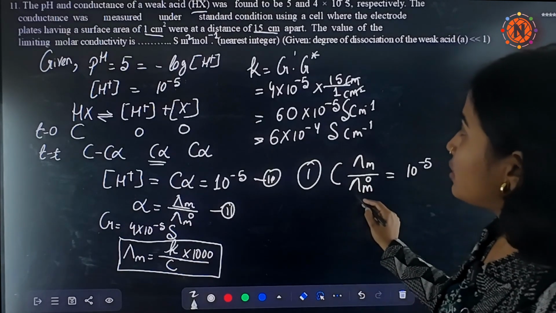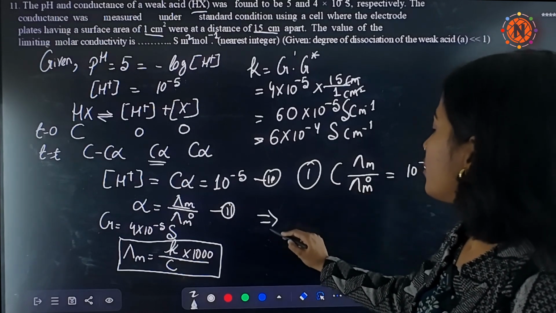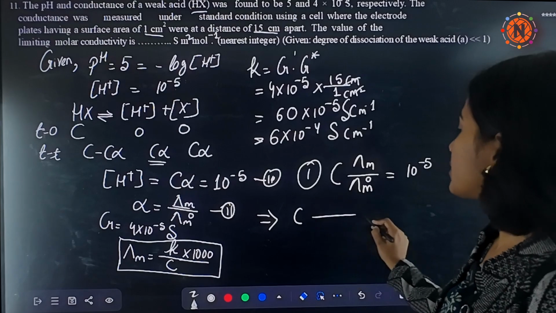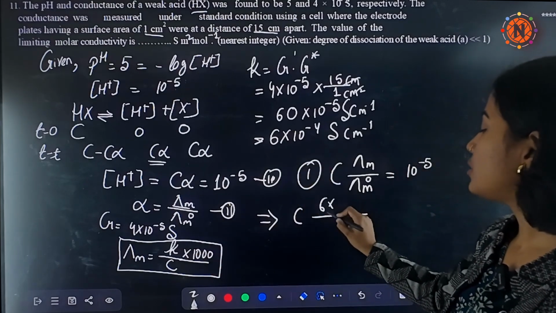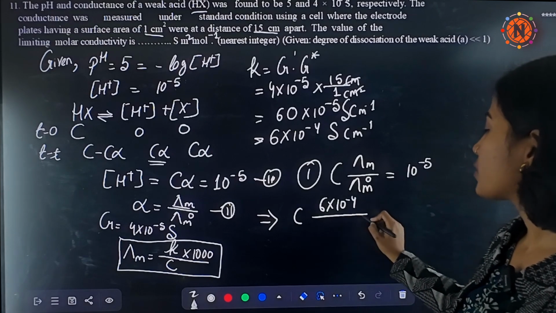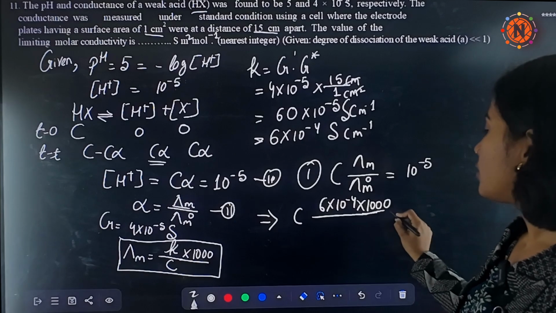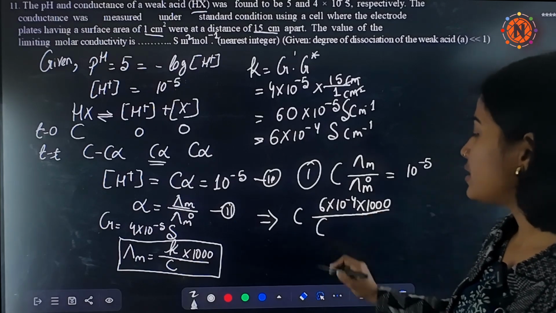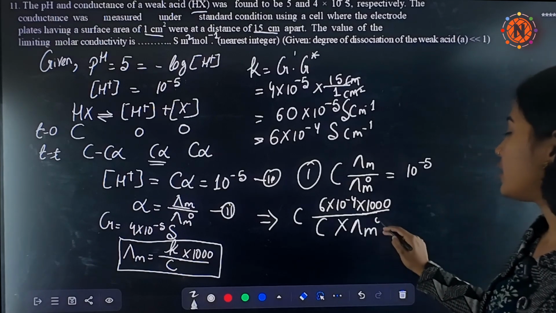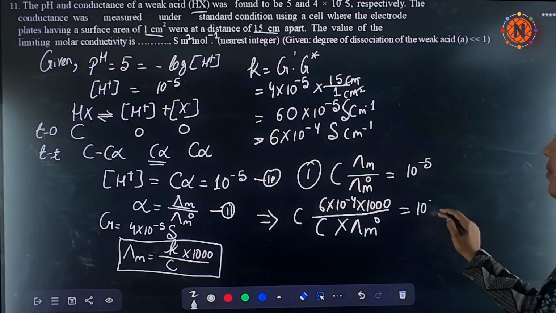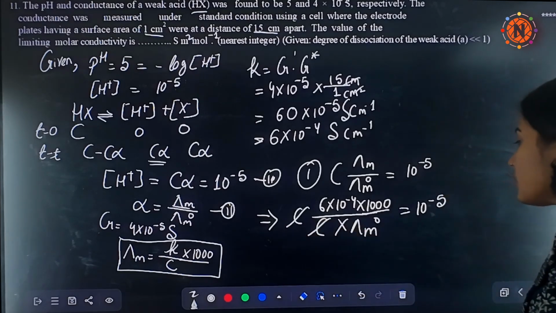We have to find out the limiting molar conductivity. I can write this as K we got, that is 6 into 10 to the power minus 4 into 1000. C was given, so let us write C here, into limiting molar conductivity equals 10 to the power minus 5. It will get cancelled out.